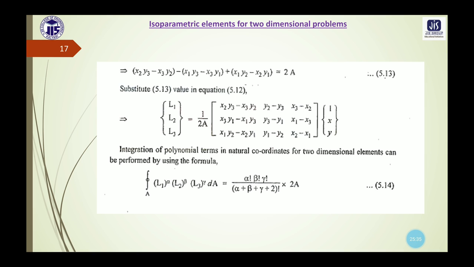Now if we substitute this value of the area of the triangle in the earlier equation of the natural coordinate, then we get this formula here.